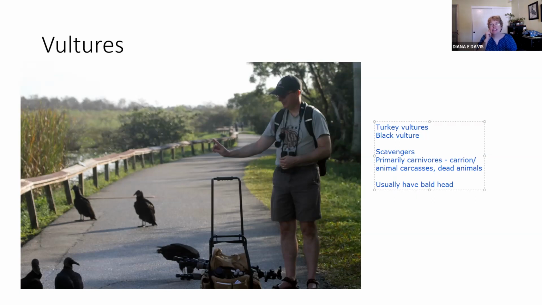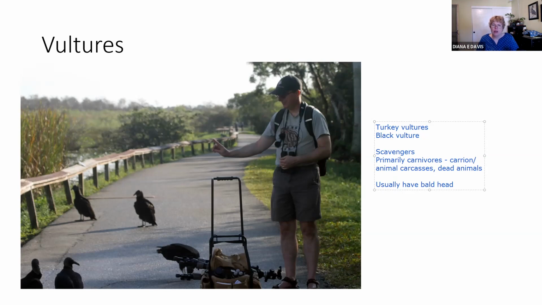They will stick their whole head and neck in a carcass and they'll get all kinds of nasty stuff like blood on their head and neck. And it's not easy for them to clean their head and neck. So they don't have feathers, so their feathers don't trap all of that stuff and start to stink and all that jazz.